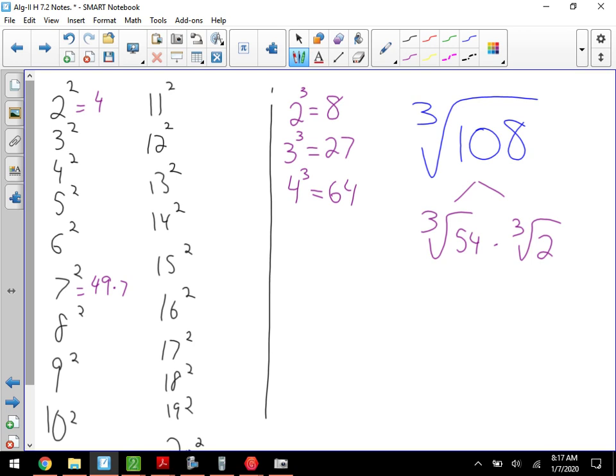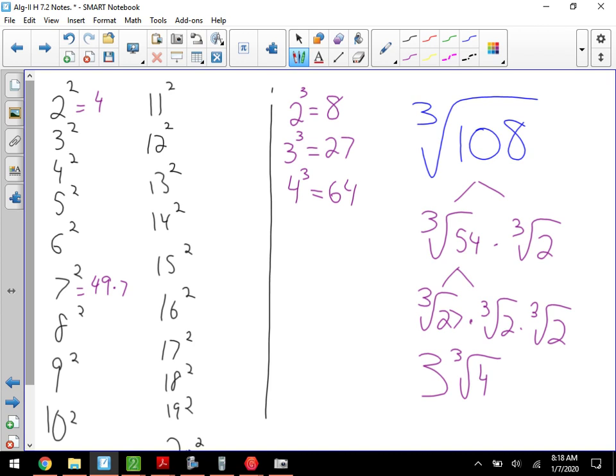If I divide 54 by 2, what do you get? 27. What's the cube root of 27? 3. Now, what's left underneath those radicals? 2 times 2, which would be 4. So this simplifies to 3 cube root 4.